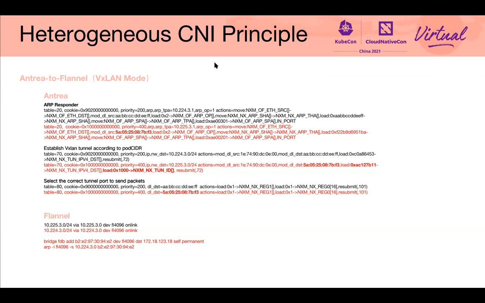Thanks. Yang, I have another question. Just now you mentioned you didn't choose Submariner because it has a centralized gateway to support the connectivity. Did you make some benchmark test to understand the difference between the full mesh and the centralized gateway solution?